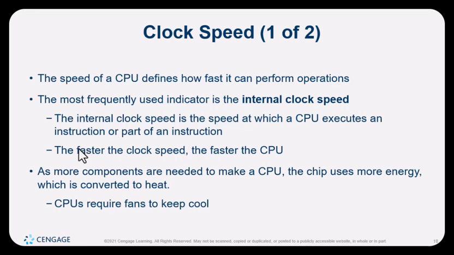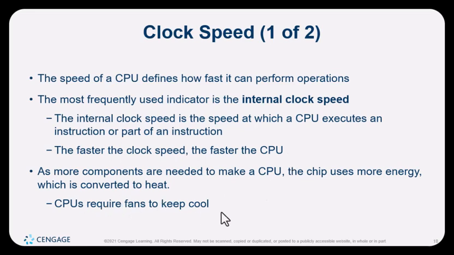We can do what we call overclocking, which means we can make it go faster than it's intended to go. Unfortunately, there's a downside to that, and that is that as you make it go faster, the CPU uses more energy, and that means it heats up.